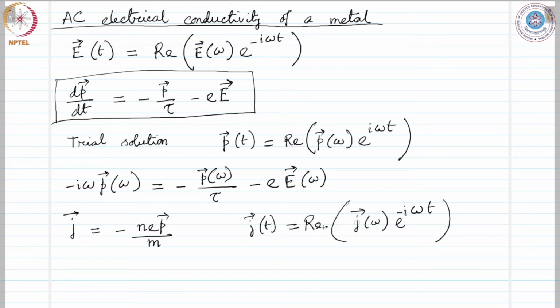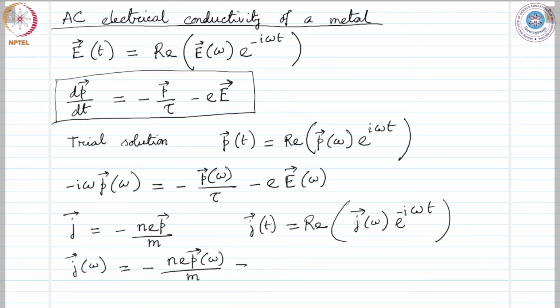So, now putting this into the appropriate place from this equation here, we can write j omega equals minus n e p omega over m, taking the value of p omega from this expression here.